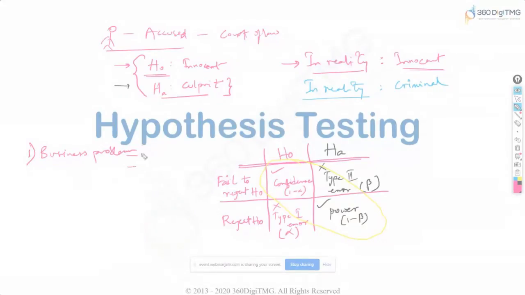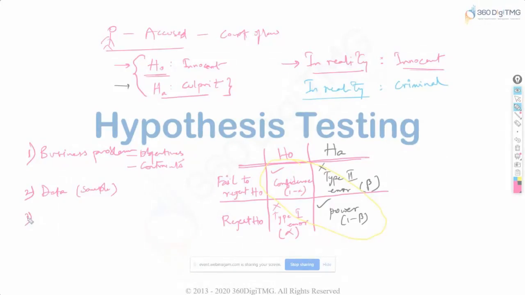And we already know business problems can be explained using business objectives and constraints that we need to consider to solve for the business. Then we collect the data, sample data. Right? This is always sample data, and the larger the sample data, the better the inferences that we can make.